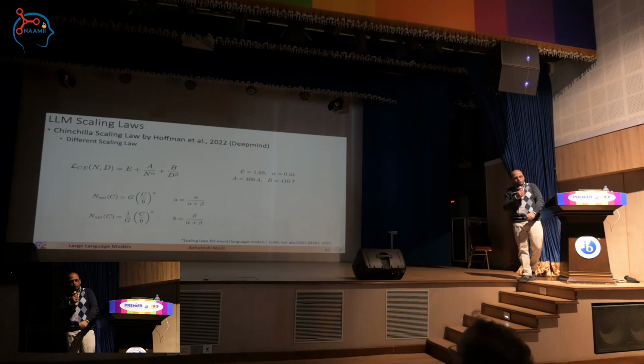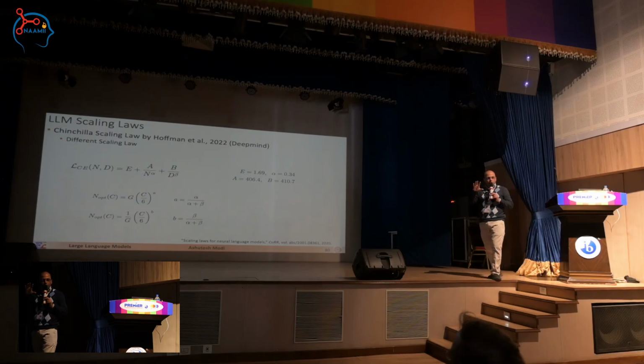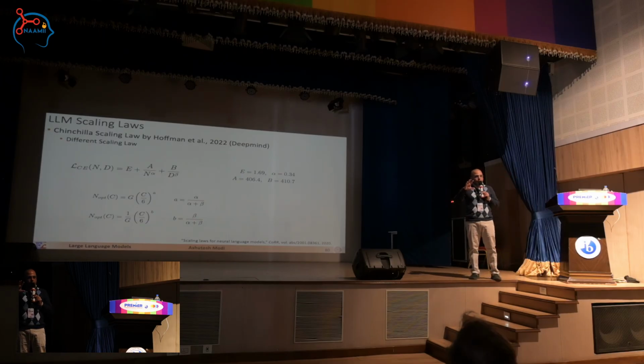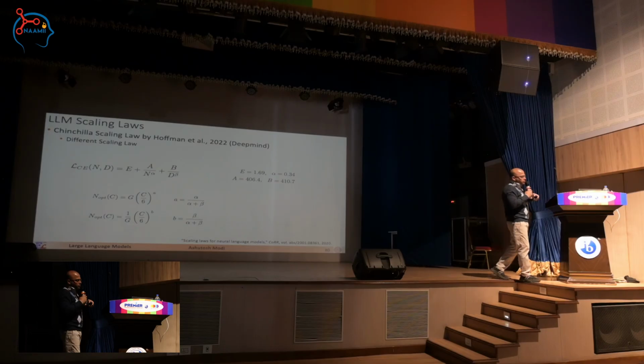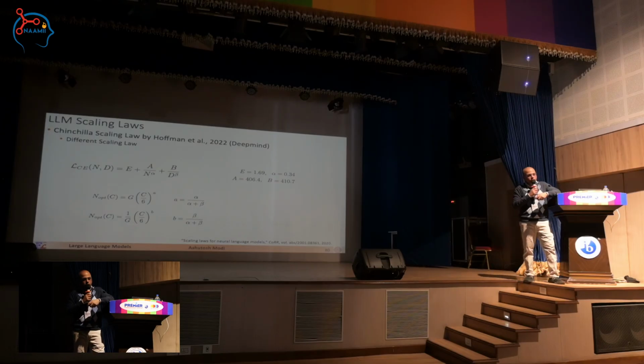What people have shown is that you may have a smaller data set of higher quality, and your model might be smaller, but you can still get the same performance. So it's not always the case that you need a huge model. You can do with a smaller model, but you need a much higher quality data set.